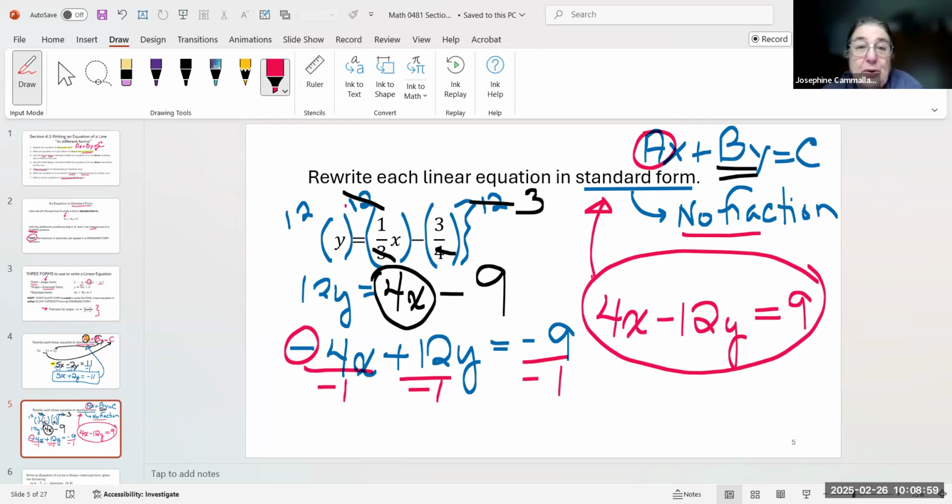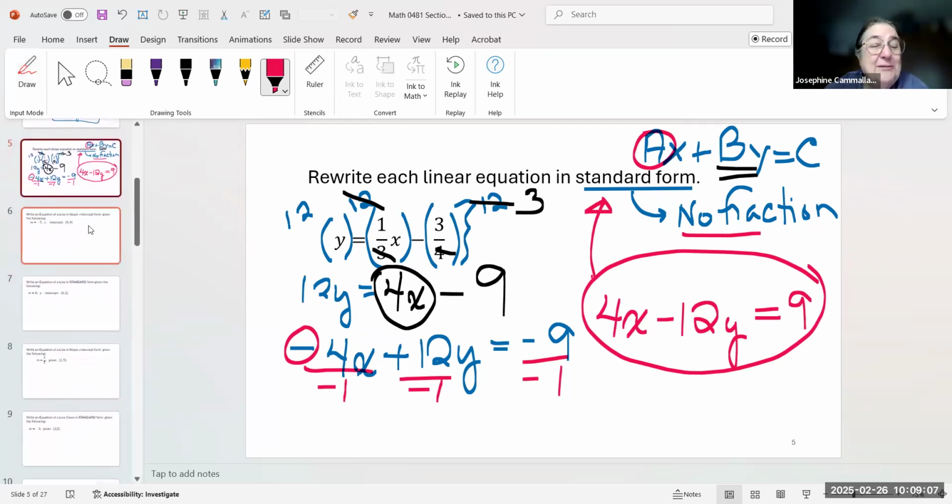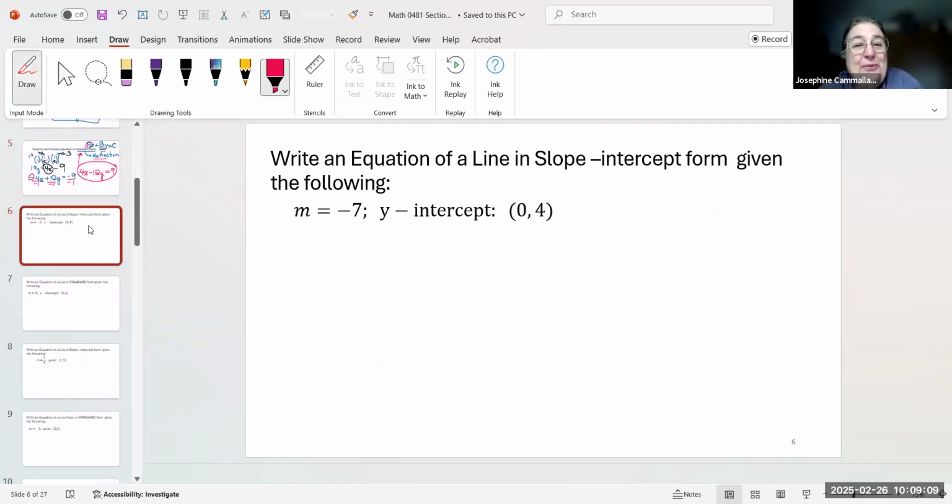Now, that seems pretty easy. Well, let's get a little more interesting. Now, this is where you're going to have to understand what you're given compared to what you want the equation to be written as.